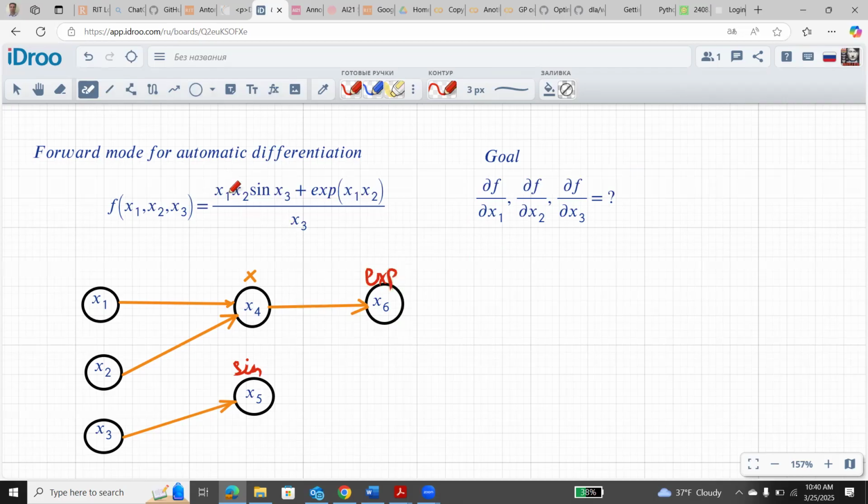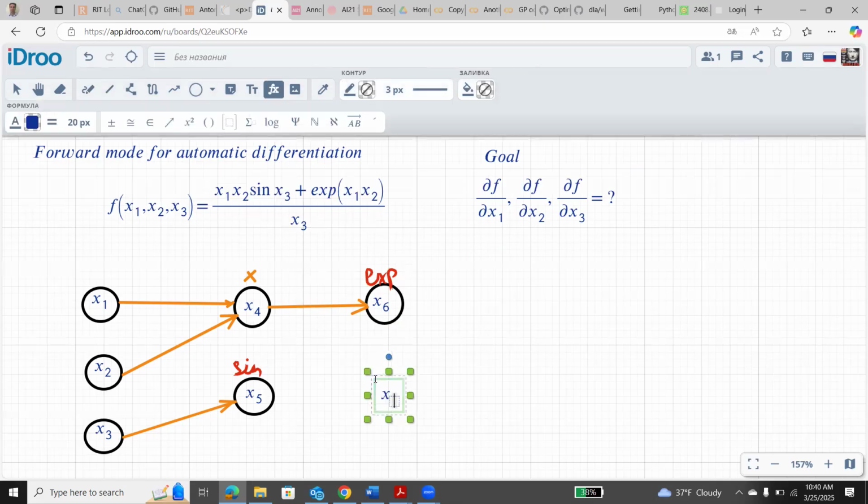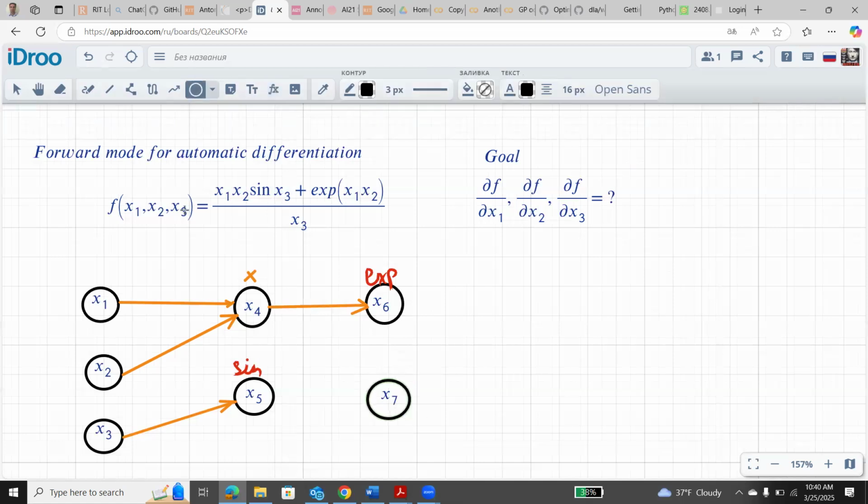The product of x1, x2, and sine, I will denote by x7. And finally, we will sum up this x7 and x6.